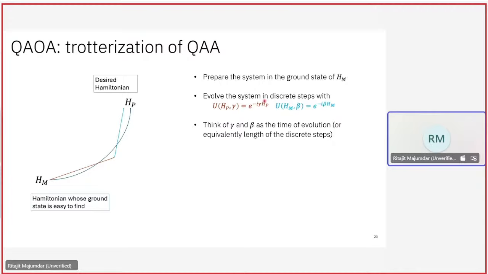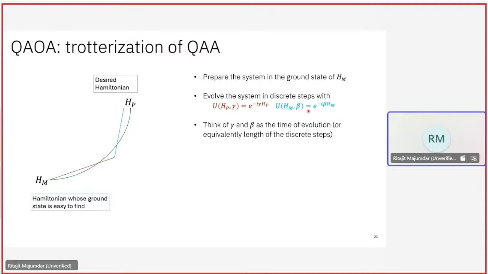And when you take the exponentiation of a Hermitian, it becomes a unitary. If any of you is not aware of that, don't worry. This is a unitary operator. That means it's a quantum gate. So now we have quantum gates. So instead of saying that I am evolving this continuously, you can say I am applying these quantum gates.